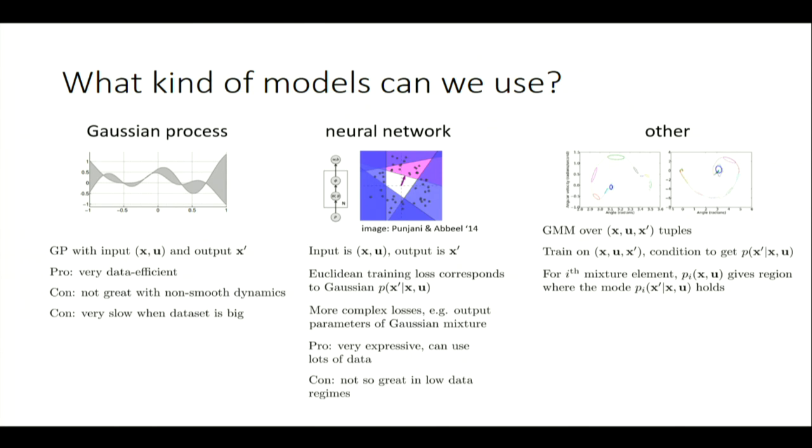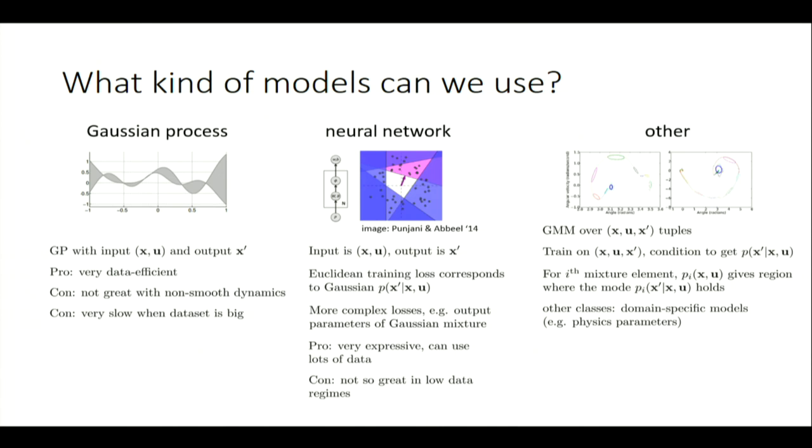So if you believe, for example, that a piecewise linear model is a good model of your system, then a Gaussian mixture model can in principle give you a good decomposition of the space into a bunch of linear modes, with the caveat that if your space is very high dimensional, this is potentially going to be awful. But it can work reasonably well in some cases.